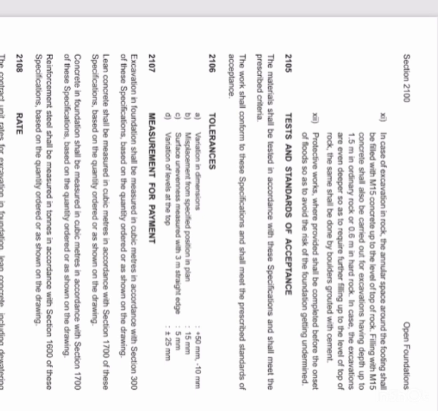Variation in dimension plus 50 mm, minus 10 mm. Misplacement from specified position in plan 15 mm. Surface unevenness measured with 3 meter straight edge 5 mm. Variation of levels at the top plus minus 25 mm.